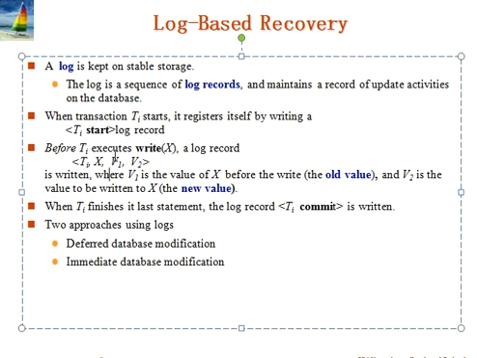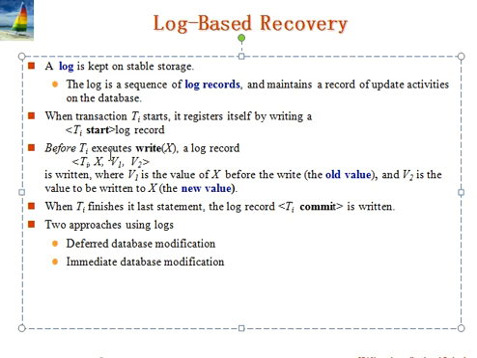Now we have two approaches in using logs: deferred database modification and immediate database modification. Deferred database modification ensures transaction atomicity by recording all database modifications in the log, but deferring the execution of all write operations of a transaction until the transaction partially commits.